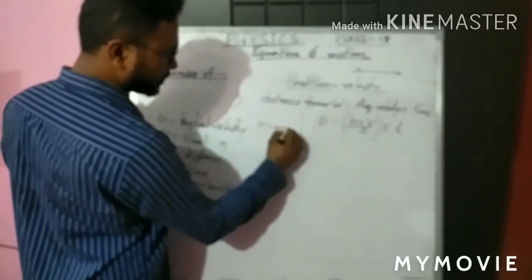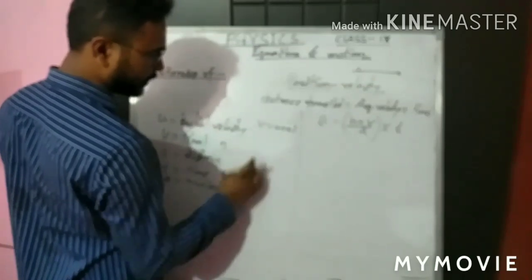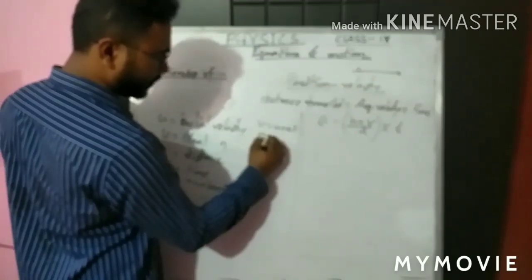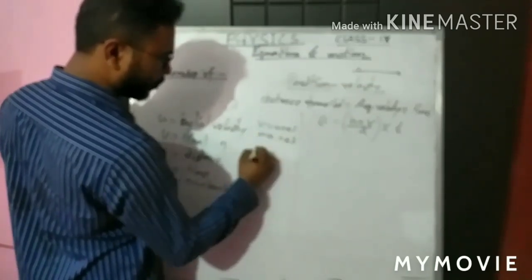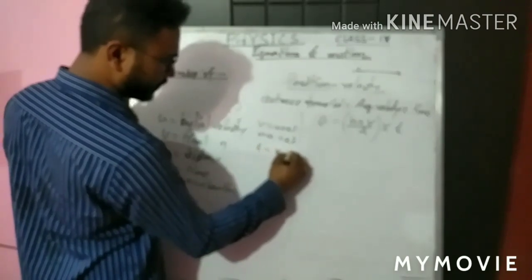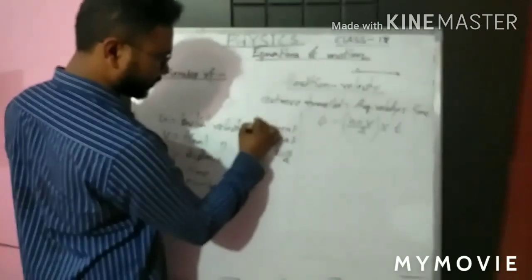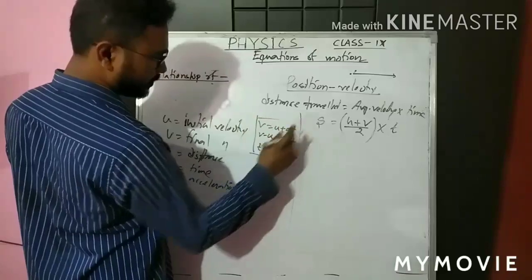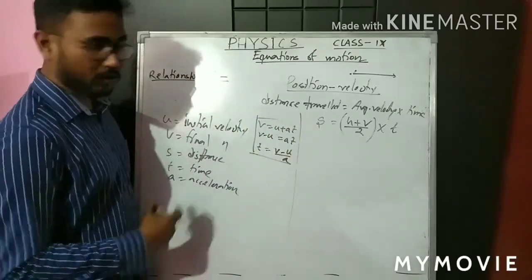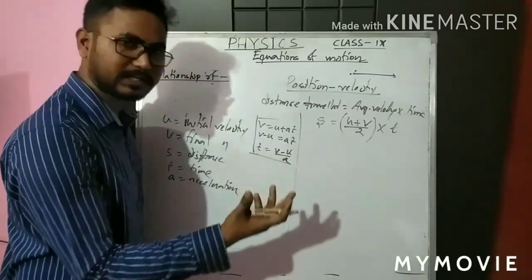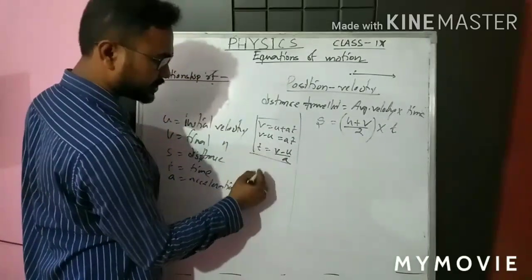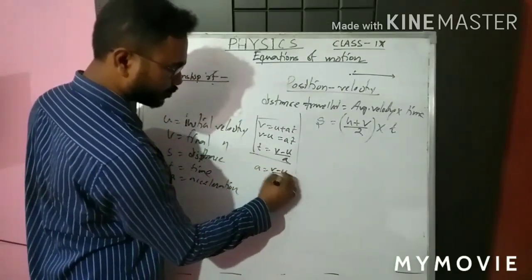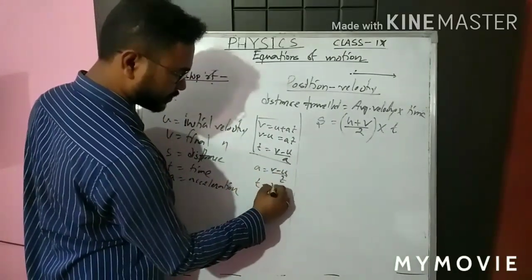From the first relationship you are getting v is equal to u plus at, or from here you can write v minus u equals at, or t is equal to (v minus u) by a. Can I write t is equal to (v minus u) by a? Or you can easily find out from the acceleration relationship. Acceleration is equal to, we know, (v minus u) by t.